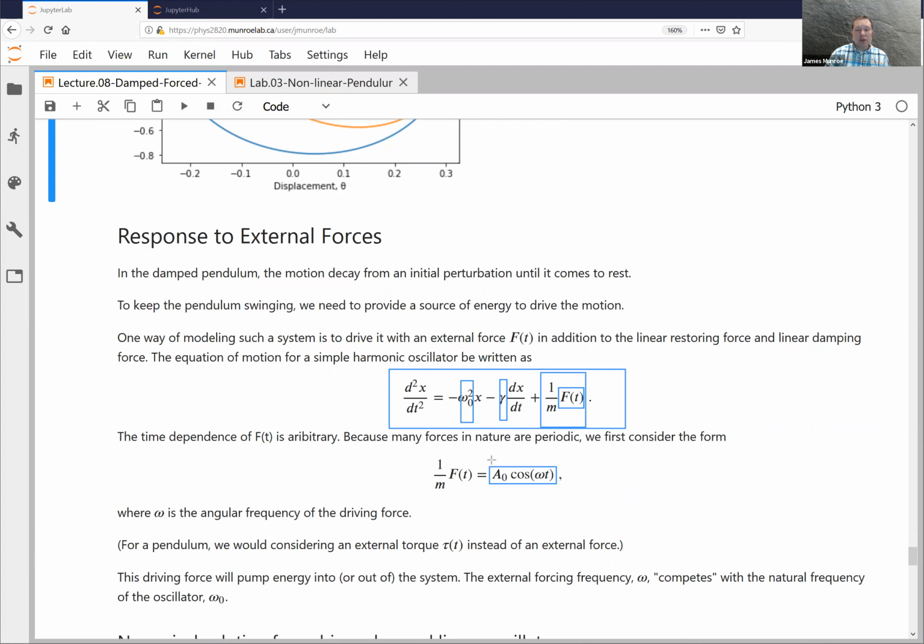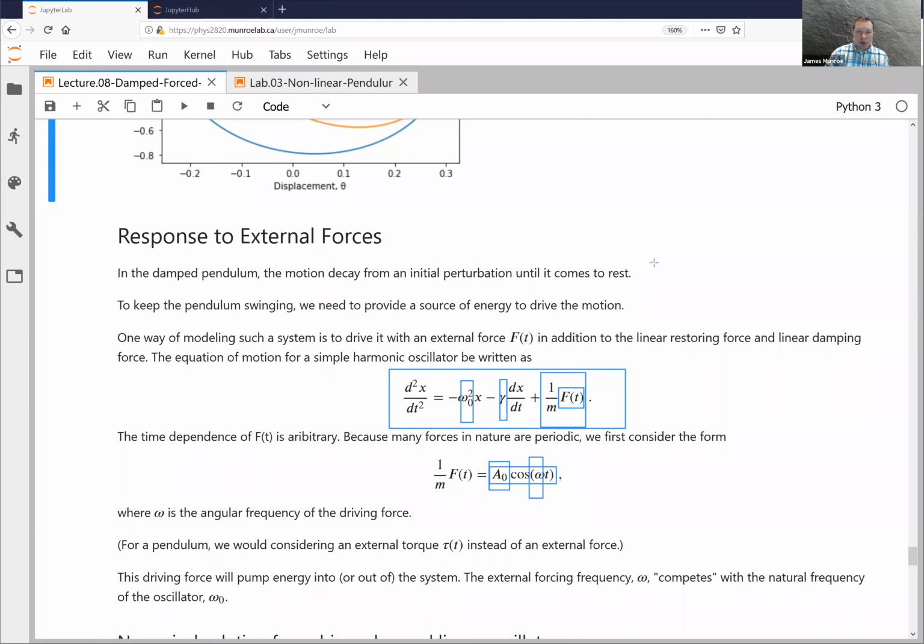That is to say, the equation of motion will be a second derivative from Newton's second law with a force which itself is oscillating. We say the amplitude of the force is A. It's how much the force is going up and down, how strong you're pushing. And then omega is the rate at which you're applying that force. Are you pushing quickly and slowly and slowly and quickly or not?